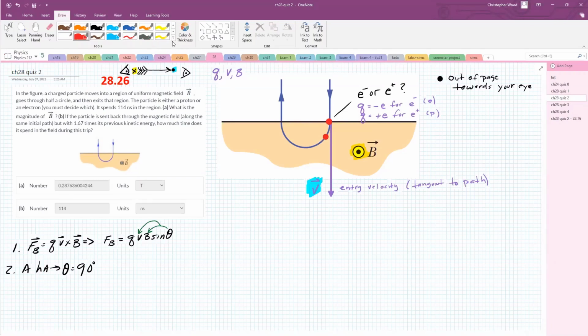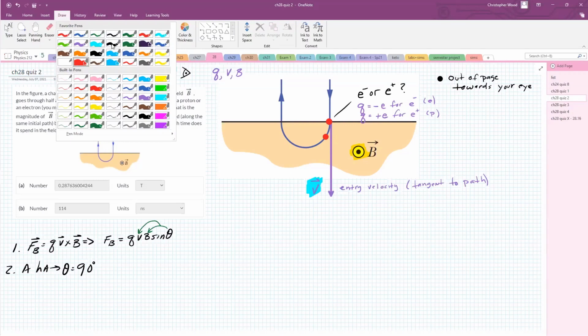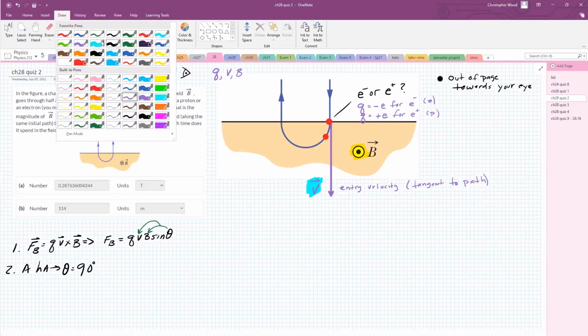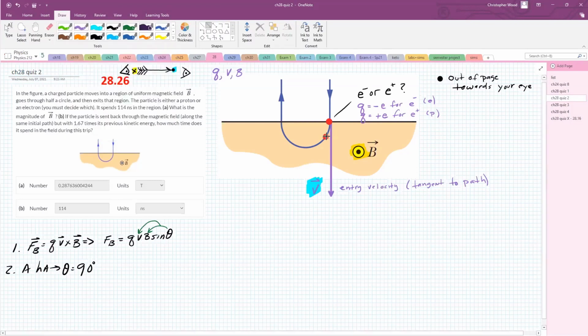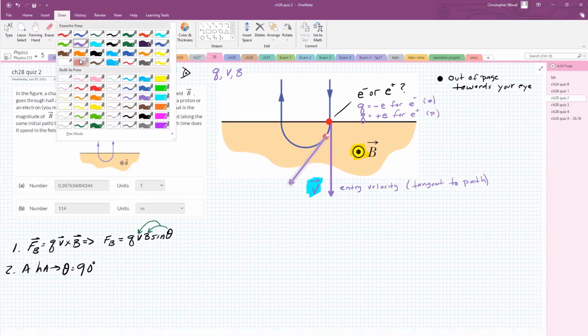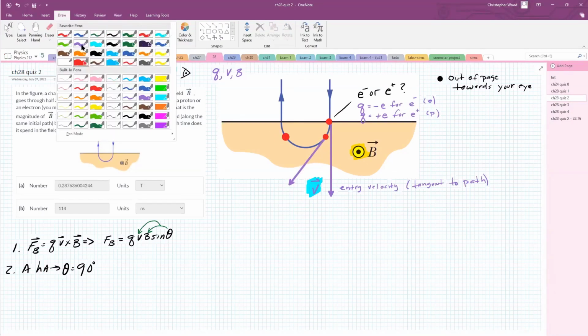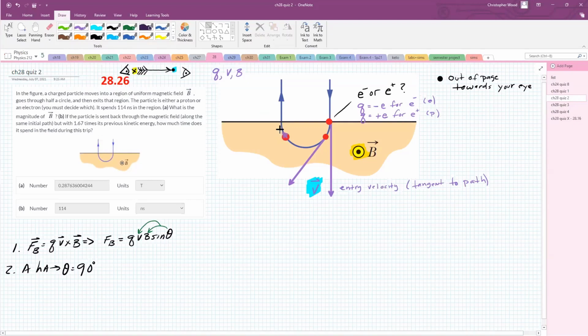And at that later time, the velocity of this particle looks like this. It's still tangent to the path, but it's moved. The velocity vector has shifted direction, tangent, like that. Whether it's an electron or a proton, if I draw it right here, at that particular point, the velocity is in this direction, tangent.